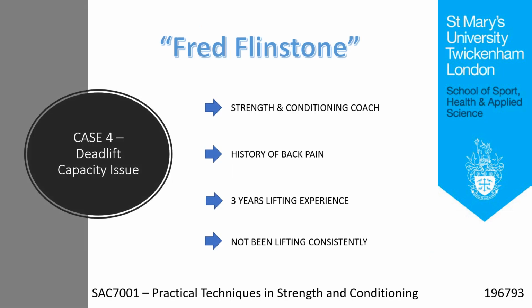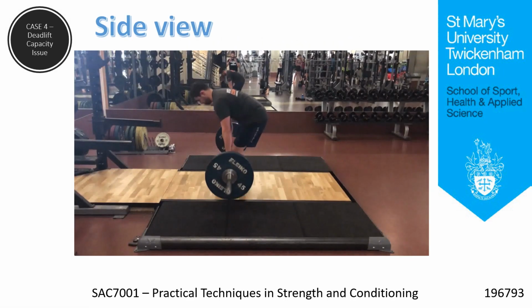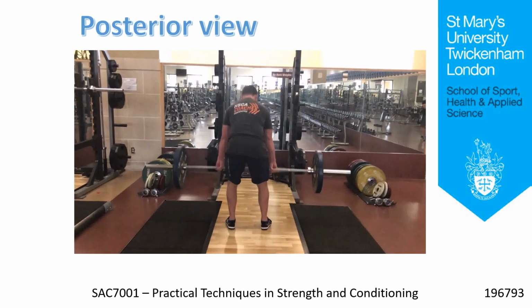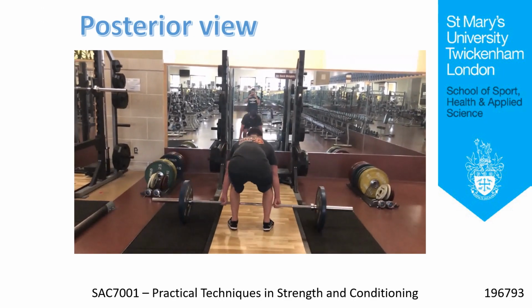The last case is Fred. He's a strength and conditioning coach with a history of back pain, 3 years of lifting experience, but he's not been lifting consistently. This is a side view of his movement, and here we have a posterior view.